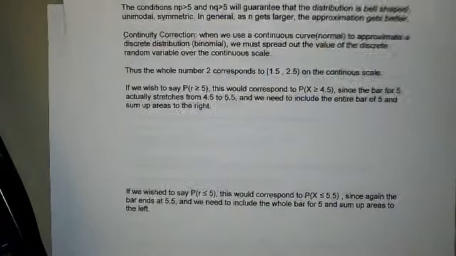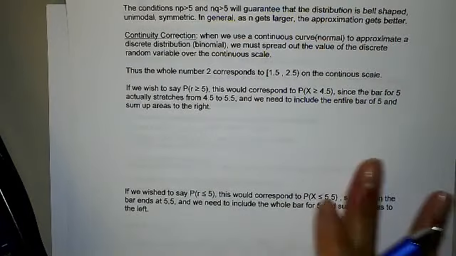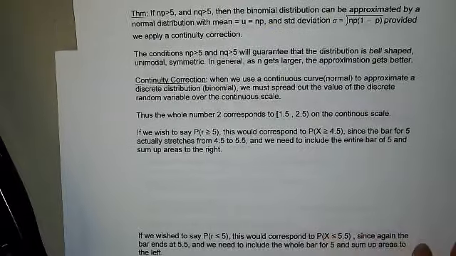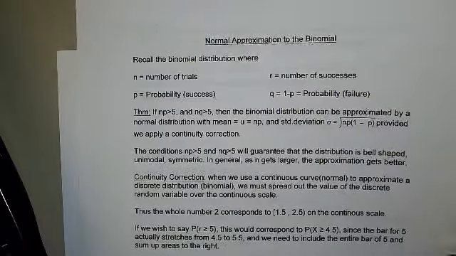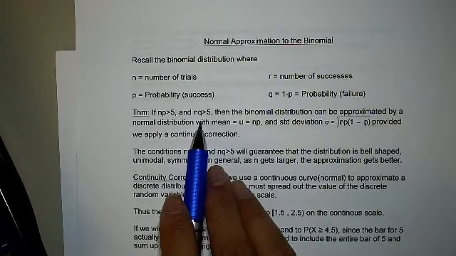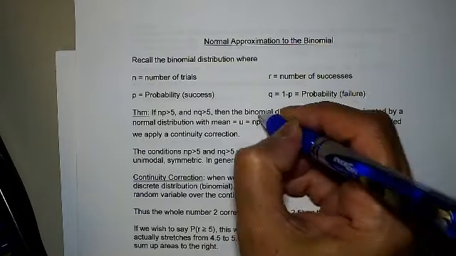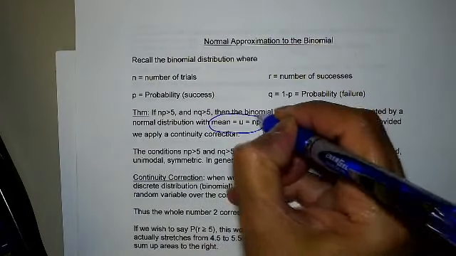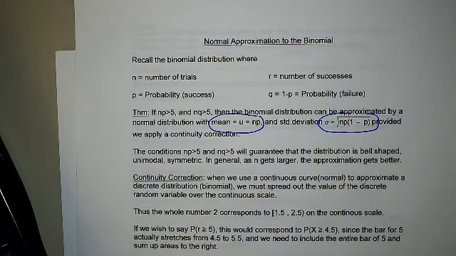So now we can do all these problems in here, whichever problem you want to do. Let's go here and put some of this stuff in. This is on the first page of the typed lecture notes, right? Firstly, the theorem says if np and nq is greater than 5, then we can approximate this distribution by a normal curve. So these are the important things, right?